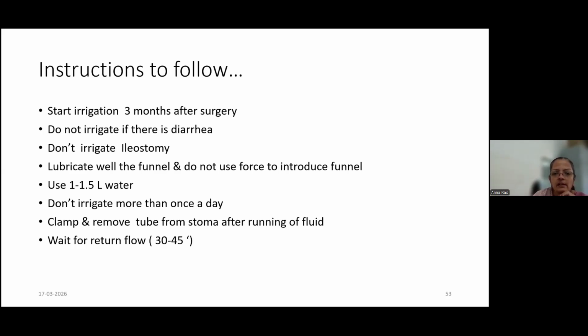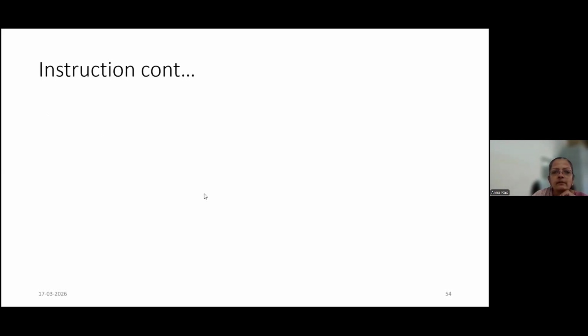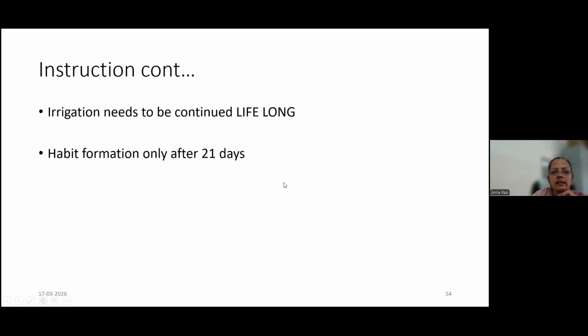As instruction, this irrigation can be continued lifelong. Habit formation will take place after 21 days, with irrigation at the same time. That is what the patient was following previously before surgery, whether morning time or evening time. Depending on that, he can do irrigation.